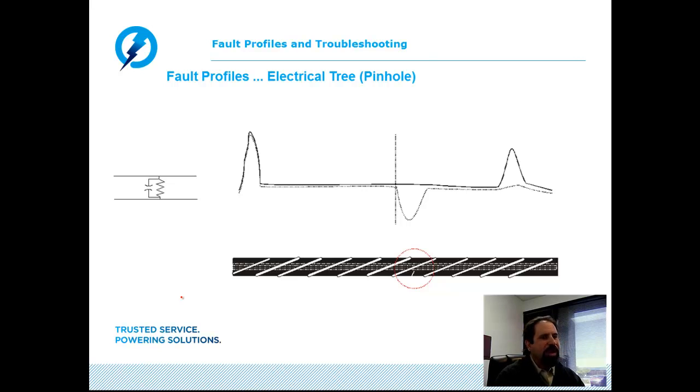Now, when that arc appears at the fault, for that moment of time, the impedance of the cable at that point is effectively 0 ohms, well within the range of the pulse echo or the time domain reflectometer's ability to capture and display the event as a short circuit.